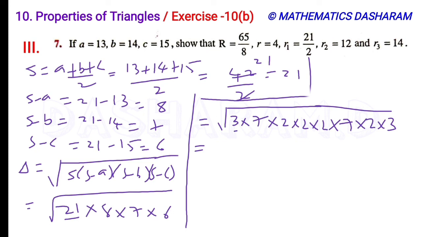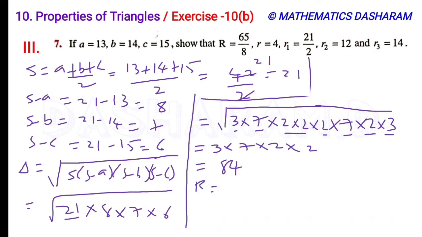For every two same numbers, one number comes outside of the square root. For two 7s, one 7; for two 2s, one 2; and again for two 2s, one 2. 3 sevens are 21, 21 twos are 42, 42 twos are 84. So the delta value is 84.